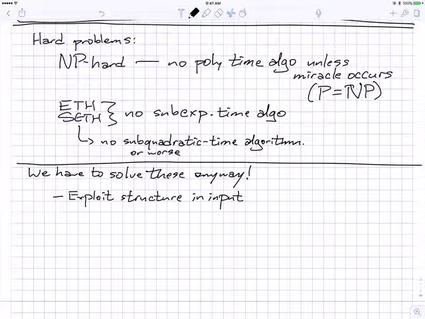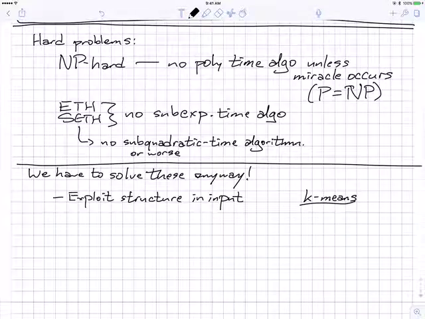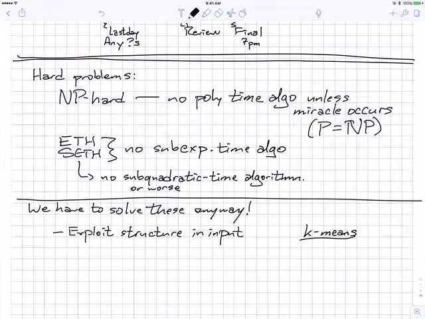So a good example of this is the kinds of clustering problems that you generally run into in machine learning applications. There's a standard algorithm for clustering called k-means, which is known in the worst case to require exponential time. But in practice, it works great.